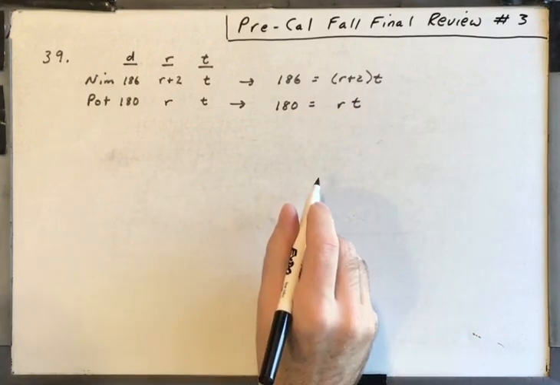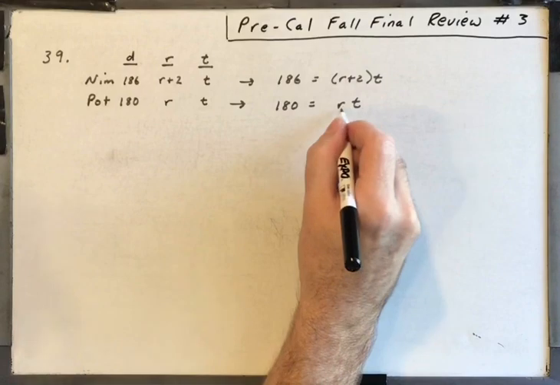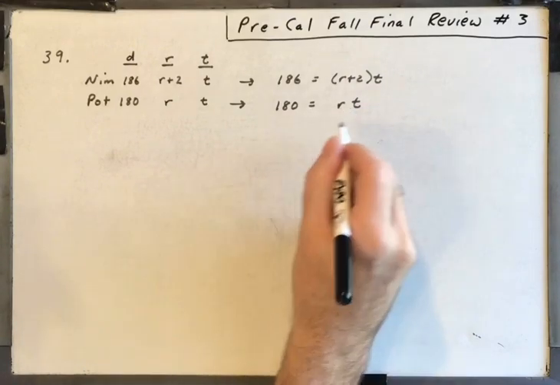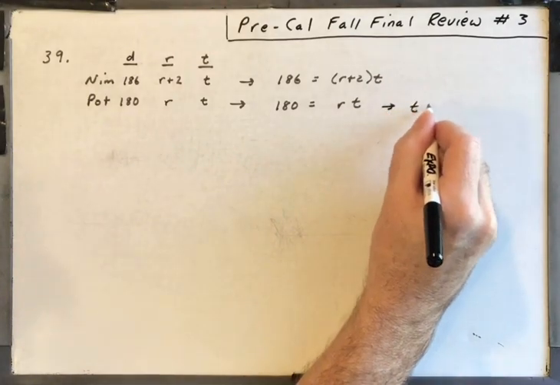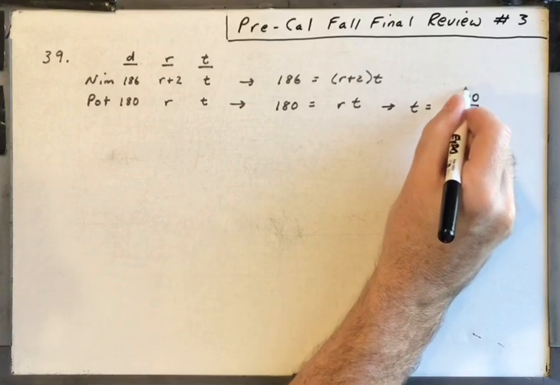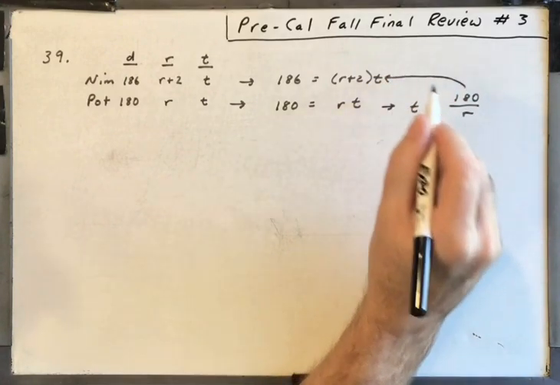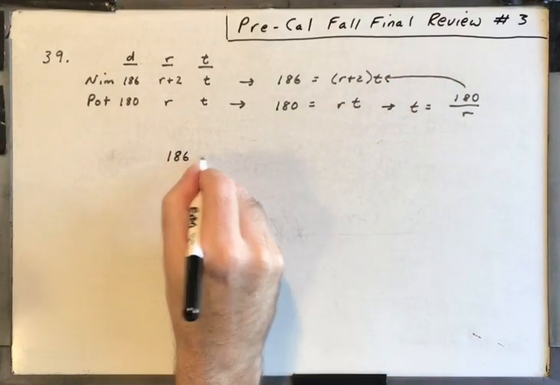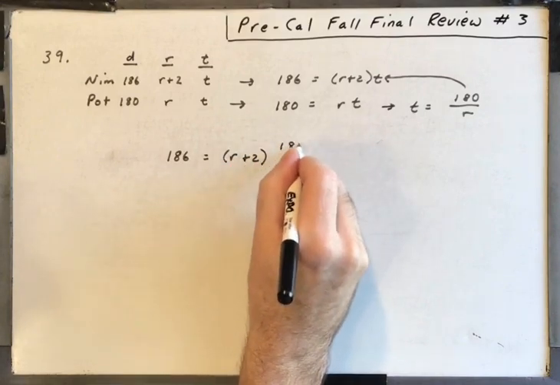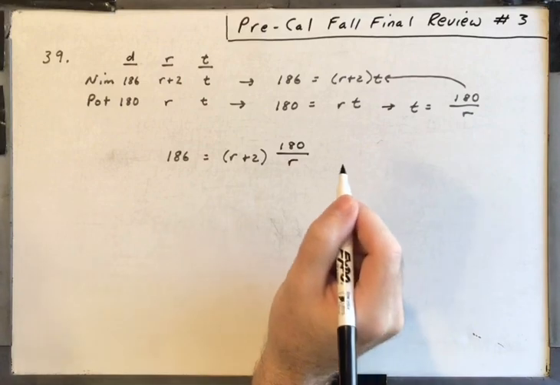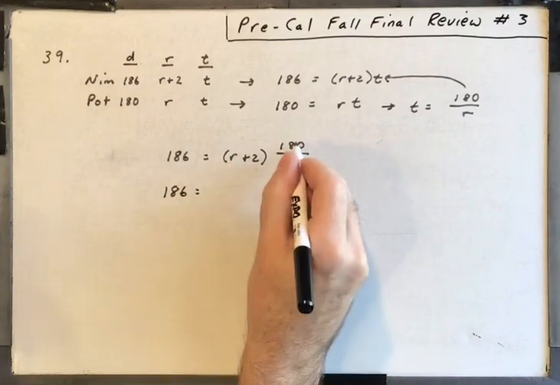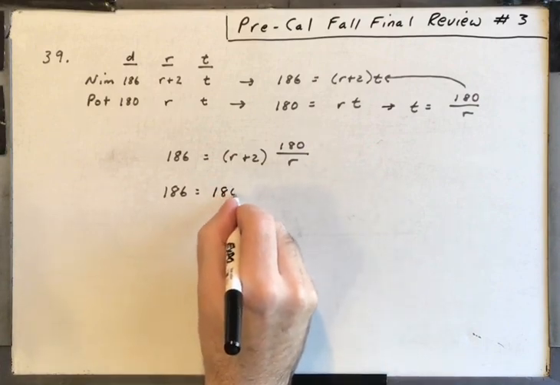All right, we want to know the average speed of each, so we're solving for rate. So here, let's rearrange this and make time equal 180 over r. So I've got it in terms of r, and then I can plug right there. Okay, so 186 is equal to r times 180 over r is just going to be 180.